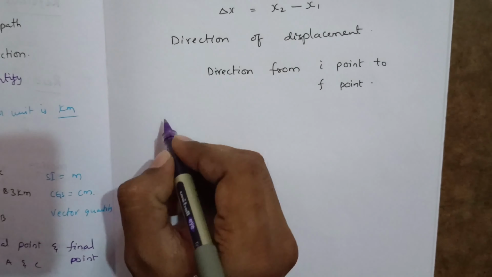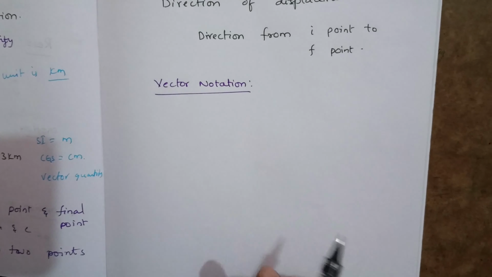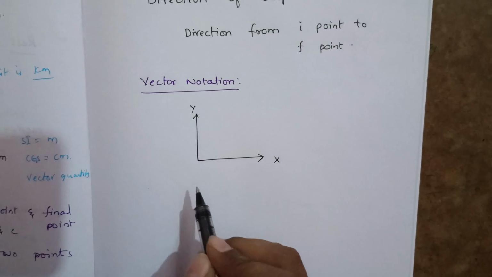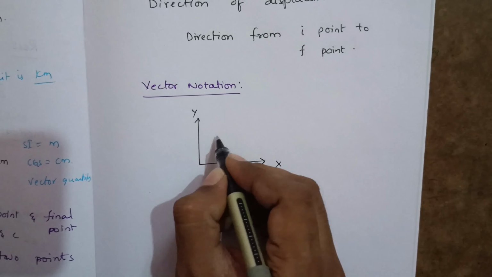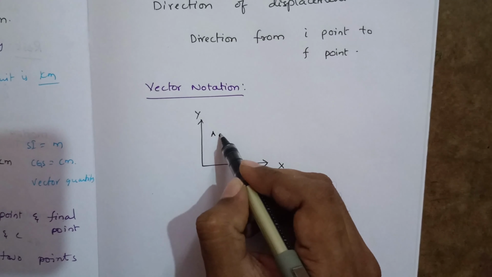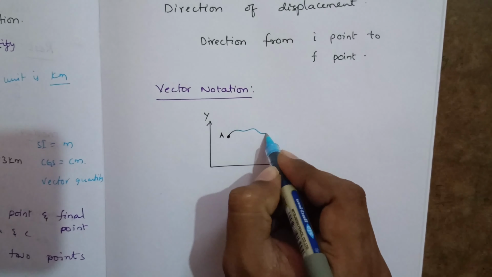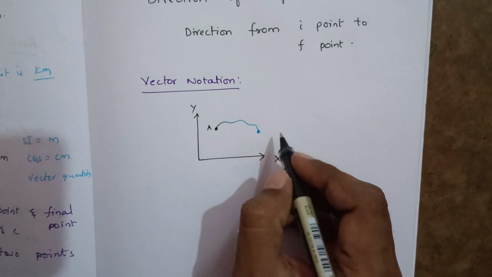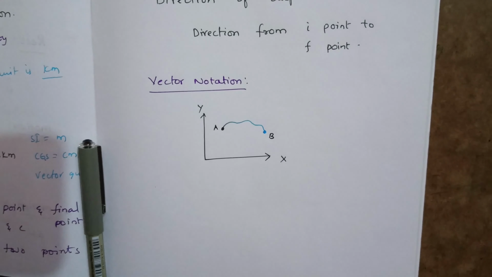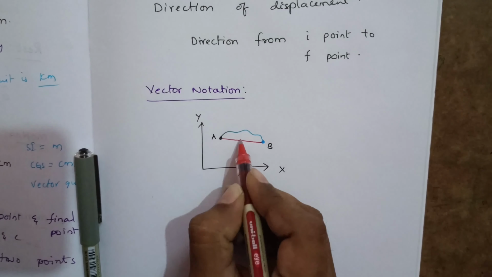Now we can represent this in vector notation. In vectors we discussed the coordinate system and position vector. This is the x-axis and y-axis. Now an object is at a point A and it travels along a different path to B. What is the displacement between A and B? This is the displacement.